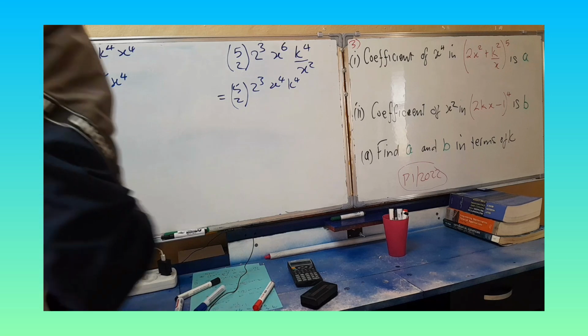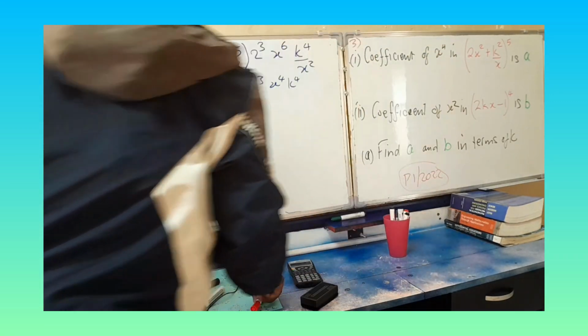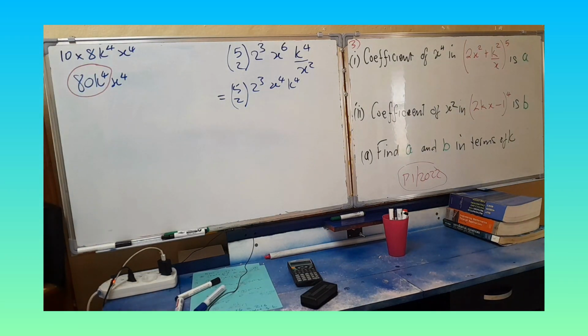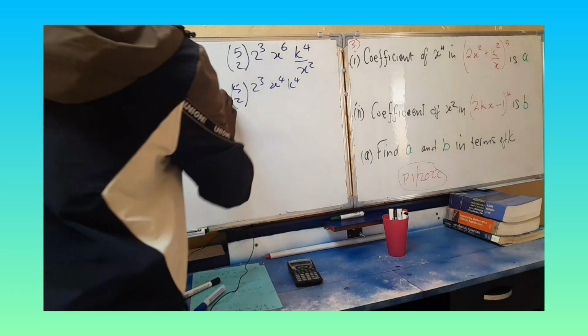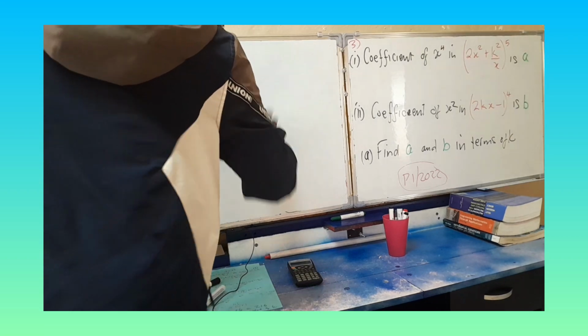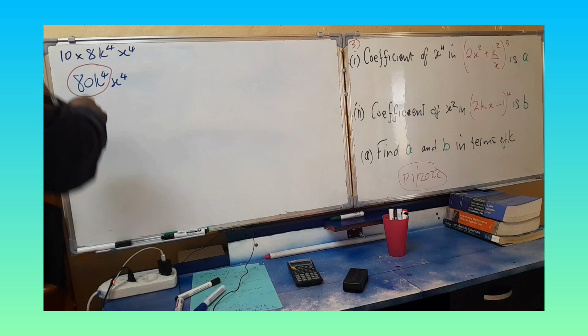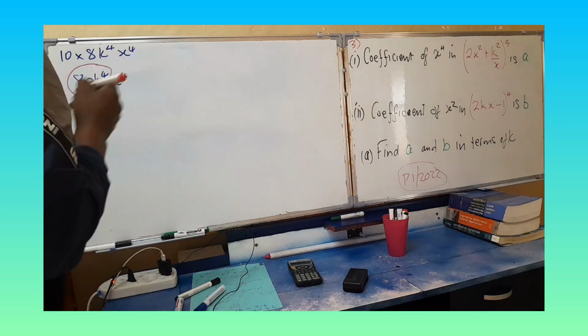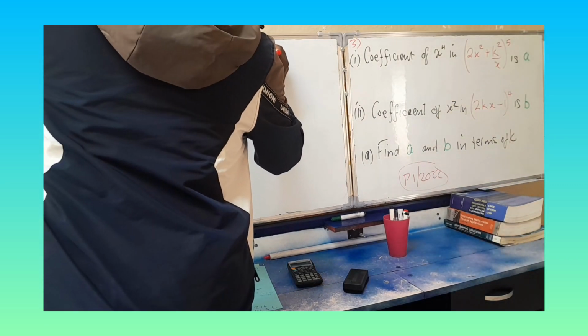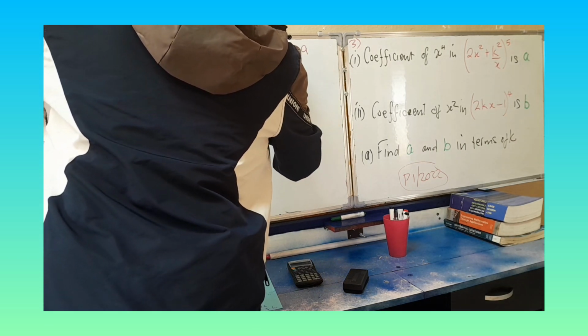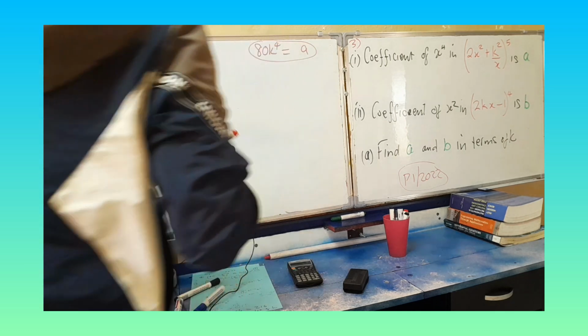So in other words, the coefficient of the term in x to the power 4 is this. And they are saying this is what is equal to A. So somewhere here, we can just keep the result because we are going to need it. There's a part of this question which I couldn't fit on the board. I will read it out to you. But it's going to need this thing here. So we can straight away now write 8k to the power 4 is equal to A, as given by the question there.